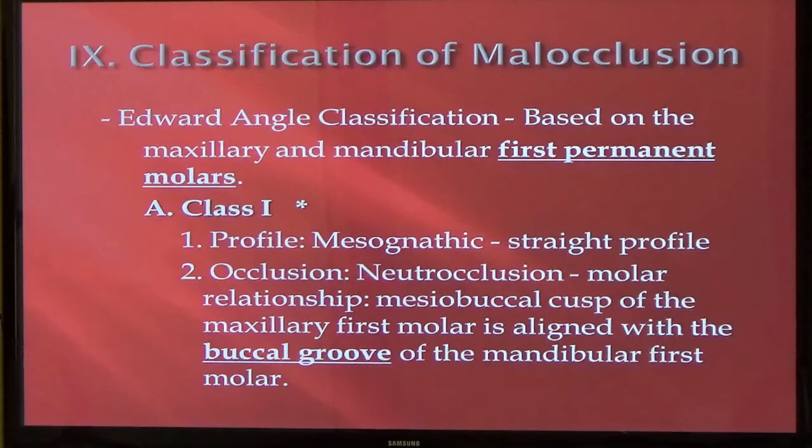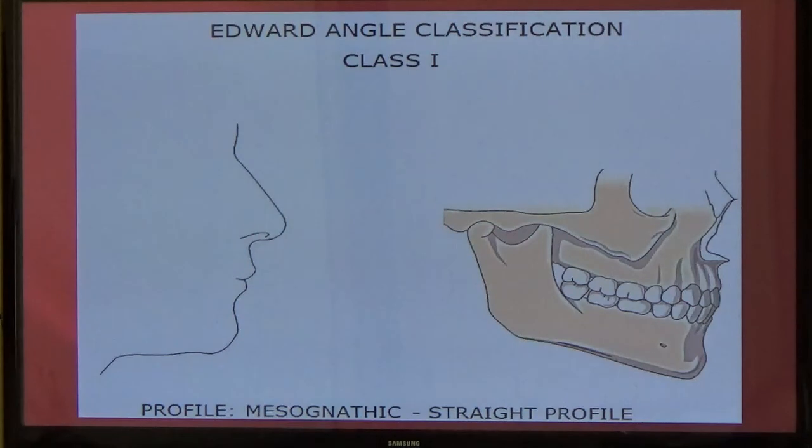Your bite is considered neutral occlusion. Molar relationship: the mesiobuccal cusp of the maxillary first molar is aligned with the buccal groove of the mandibular first molar. So here's what we look for: right between the eyes, the nose and the tip of the chin, and I think the angle they say is like 165 to 180 degrees.